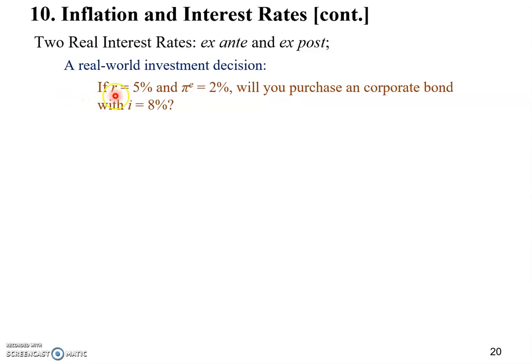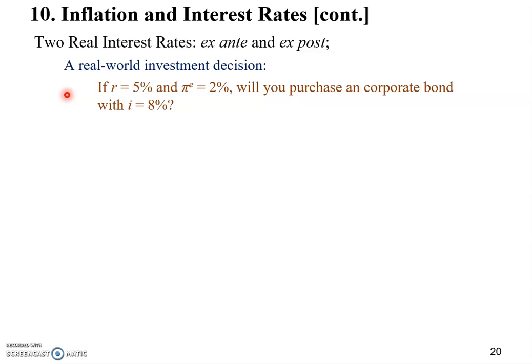In other words, here R can be considered as the second best return rate. In other words, if you don't want to buy the corporate bonds, then what will be the highest return you could receive from other possible investments?